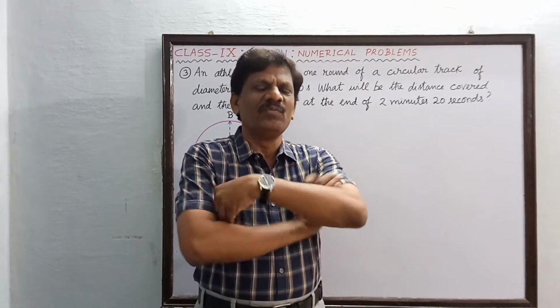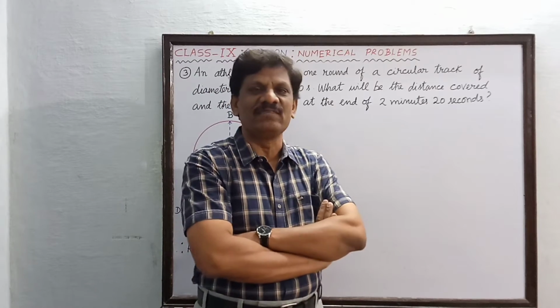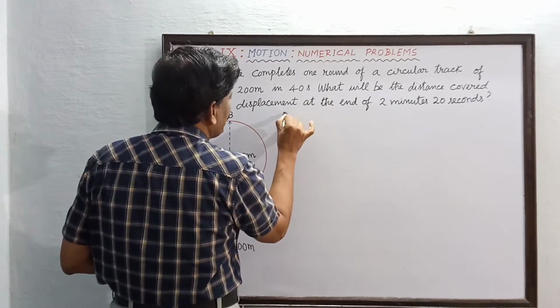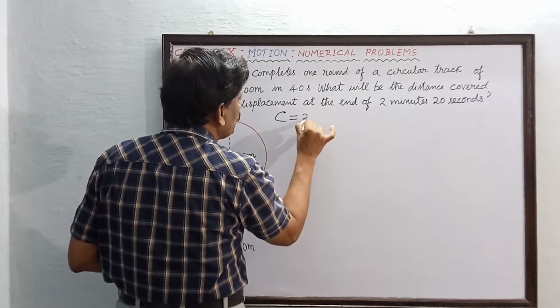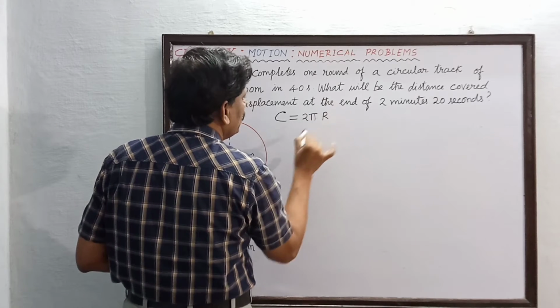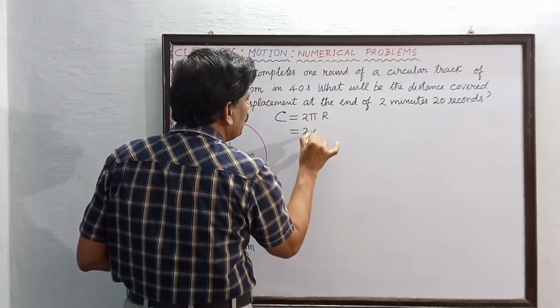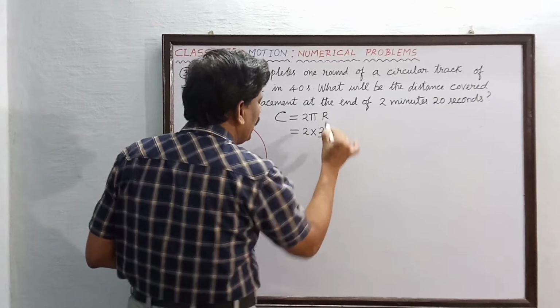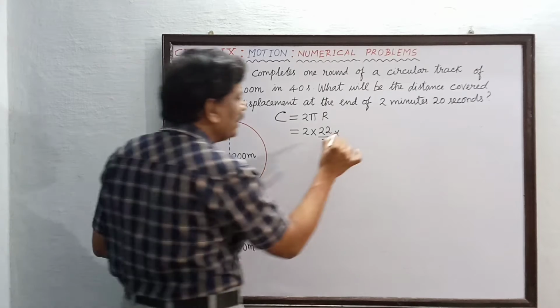You tell me, how will you find the circumference of the circle? What is the formula? The circumference C is equal to 2 pi R. So this is equal to 2 into 22 by 7 into R, R is equal to 100.